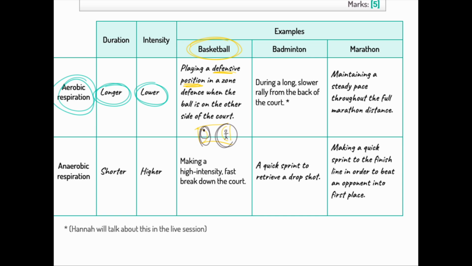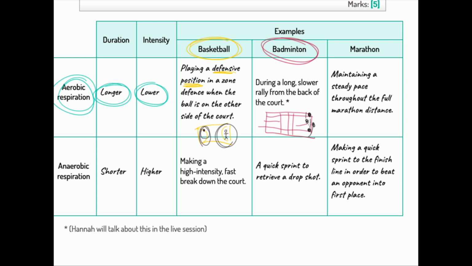Let's look at our badminton. Our badminton here, very similar. We've got our badminton court just here. Probably didn't need to draw the whole badminton court there. But we've got our player hitting the shuttle there. And then they're going to hit it from here, and then over from there, and then there. So it's a back court rally.